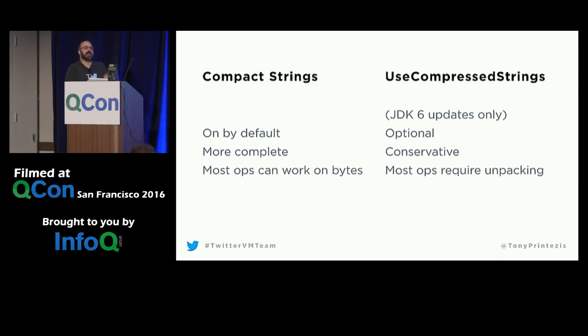It only changed the String class, and in order for anybody else to interface with the String class, the byte array had to be translated to a character array. So it's a much better approach. It has better performance improvements, and is much more maintainable. I believe one of the reasons they dropped the UseCompressedStrings option from 7 was that it was hard to maintain. Okay, so this is a very nice improvement in Java 9.